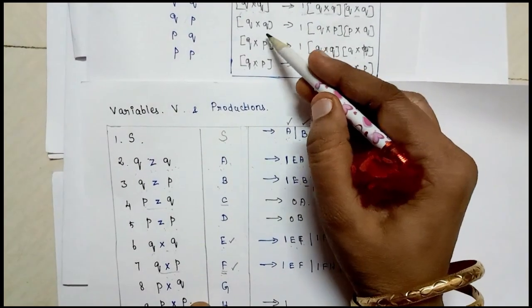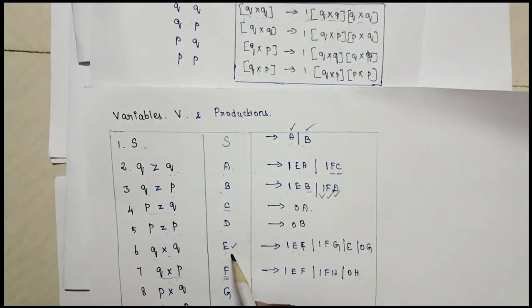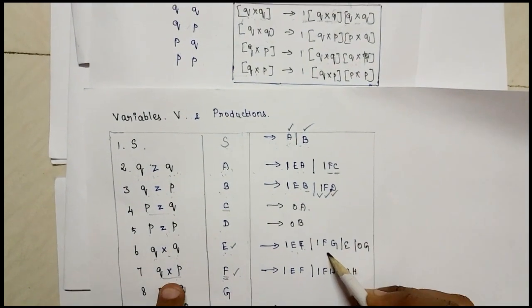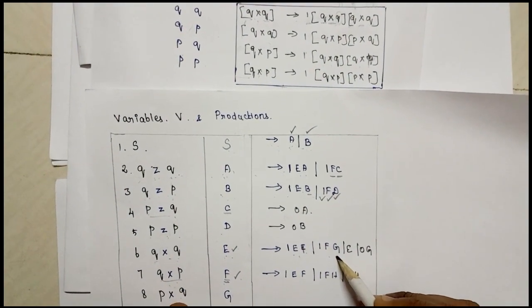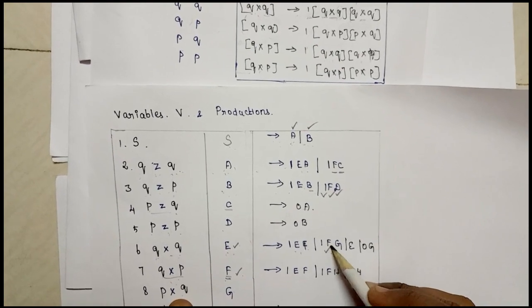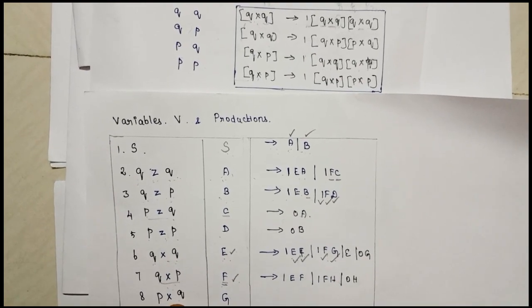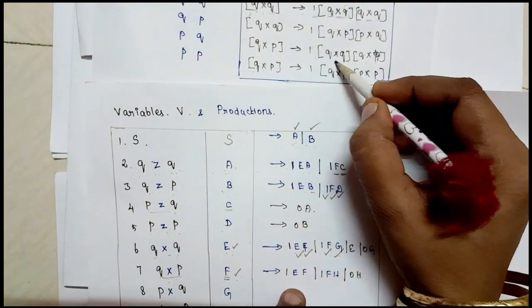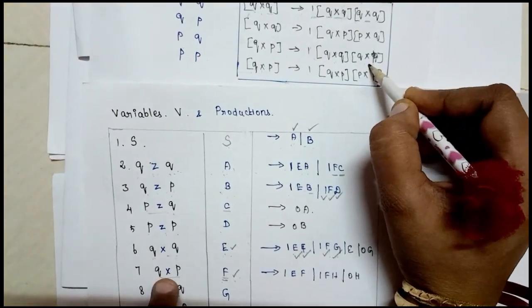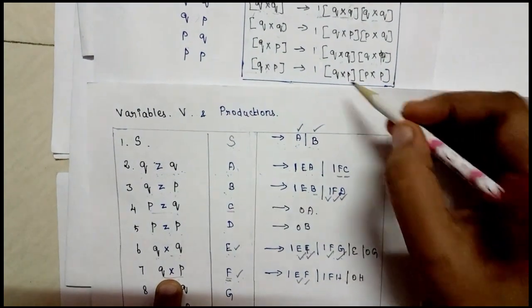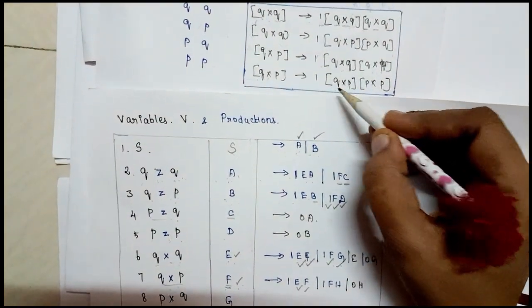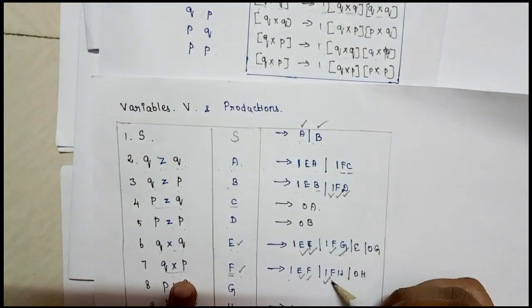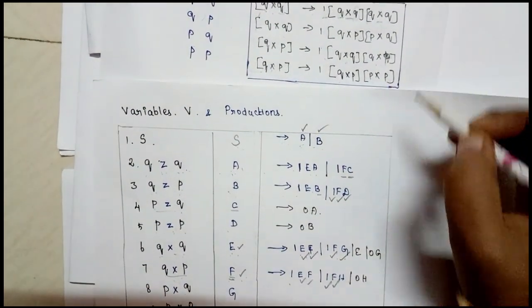Similarly, for the second production for E, it is 1, QXP is F, and PXQ is G. So we have these two productions for E. Now for F, the production is 1E, and this QXP is F. So 1EF. And for the second production, it is 1, QXP is F, and PXP is H. That's done.